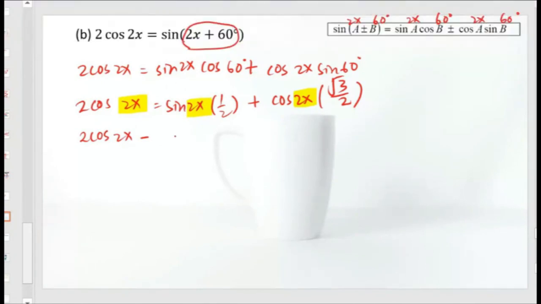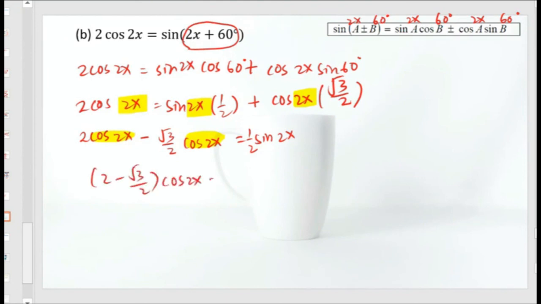So it will become 2 minus square root 3 over 2 cos 2x equal to 1 over 2 sine 2x. So the same, we can move together, factorize.